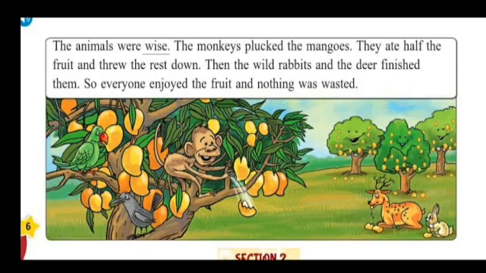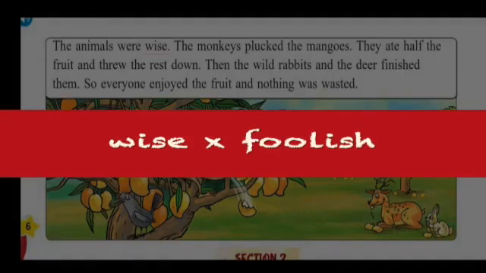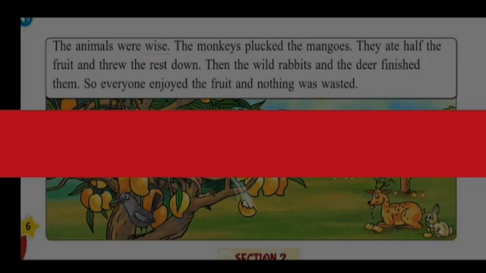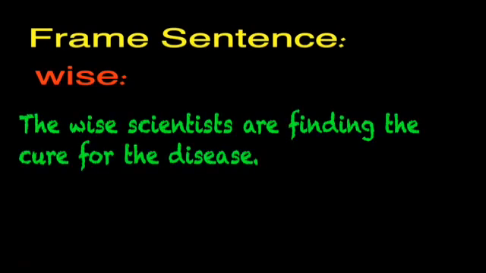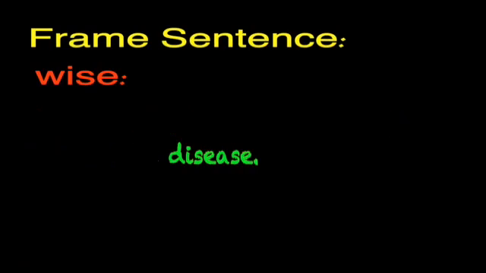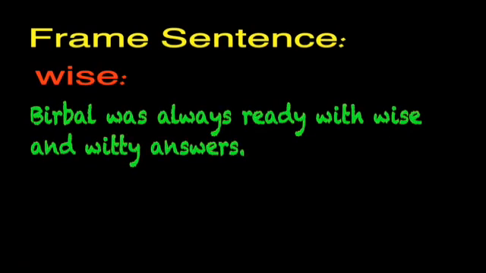Then also write its opposite as foolish. Wise, the opposite is foolish. F-O-O-L-I-S-H. Frame sentences with the word wise. The wise scientists are finding the cure for the disease. Birbal was always ready with wise and witty answers.